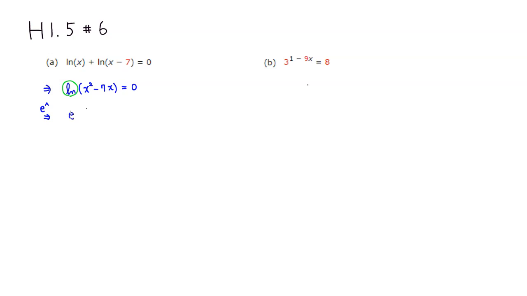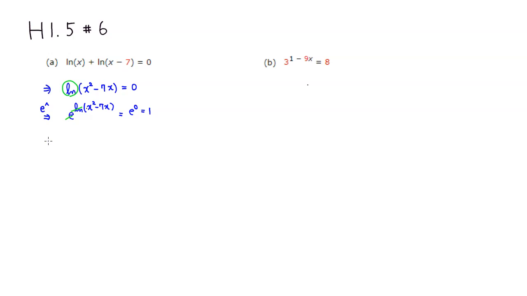So you have e to the natural log of x squared minus 7x on the left-hand side, and the right-hand side is e to the 0. e to the 0 is 1, so we know that. And also, luckily, we can cancel the exponential function and the log function because they are inverses of each other.